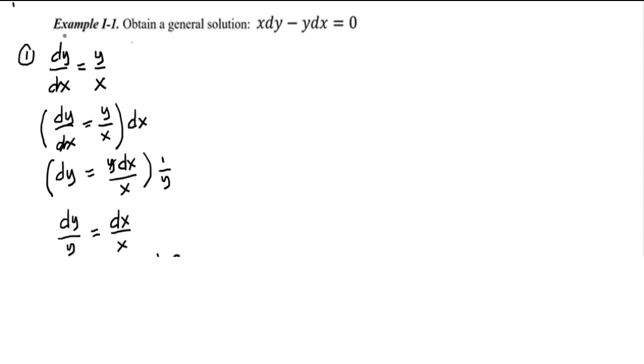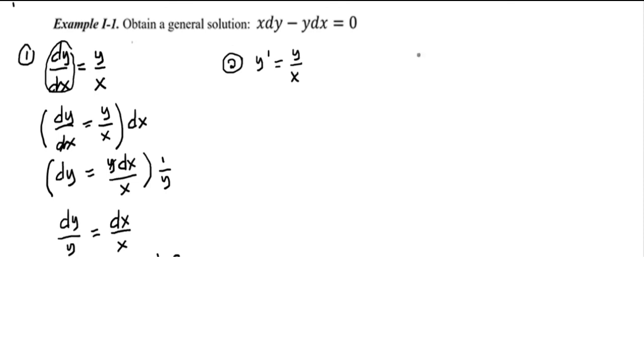Instead of writing dy over dx, we can write it as y prime is equal to y over x. Take note again, if you are given this equation, it is just equivalent to form 1 and to the original given.